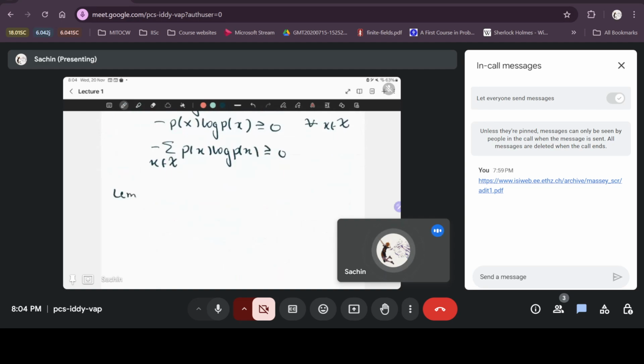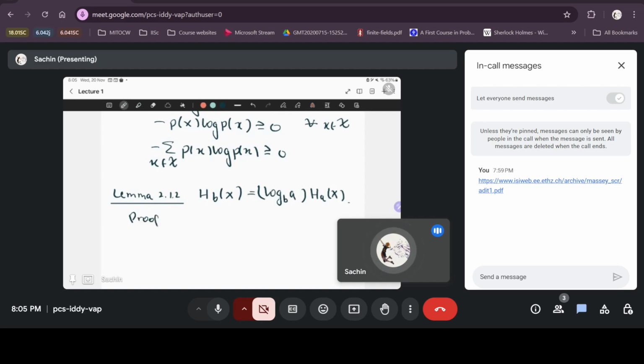Second lemma is you can convert from one base to another. H_b of x, we mean we are using a log to base b in the formula. It will be equal to log_b a times H_a of x.